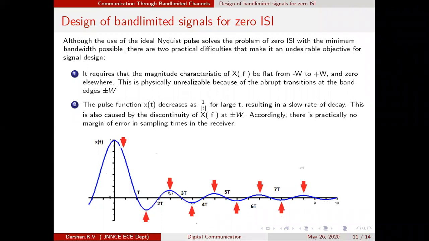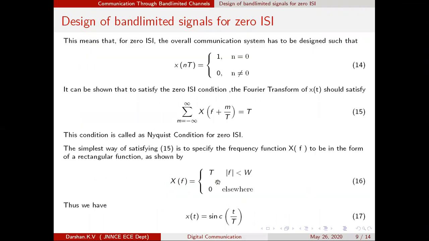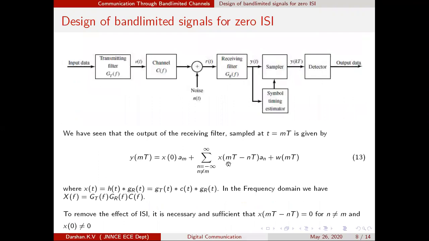So therefore, what are you doing? You are taking the samples of x of t, and the samples are non-zero. If the samples that are taken are non-zero, then what happens? ISI exists.